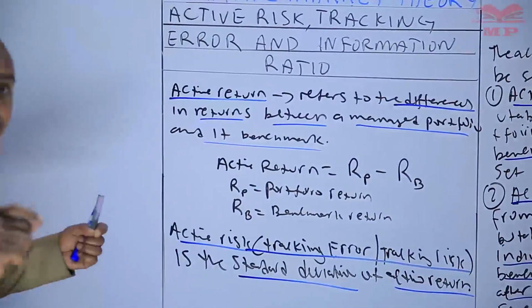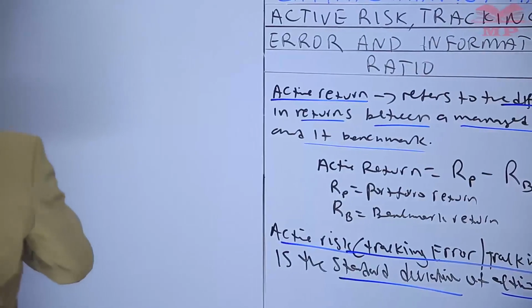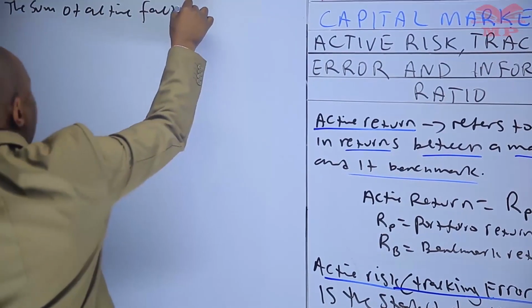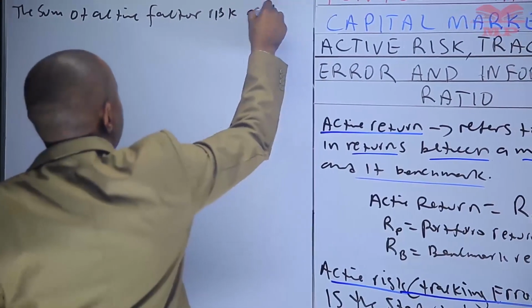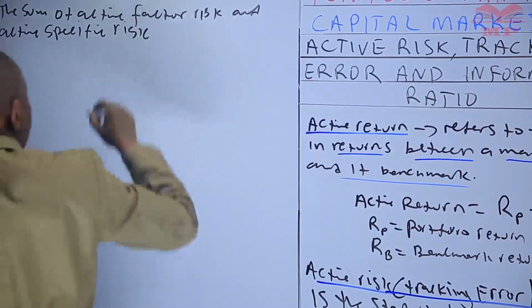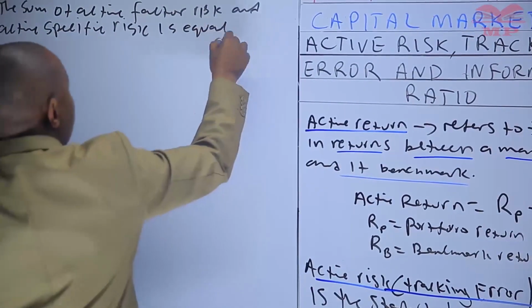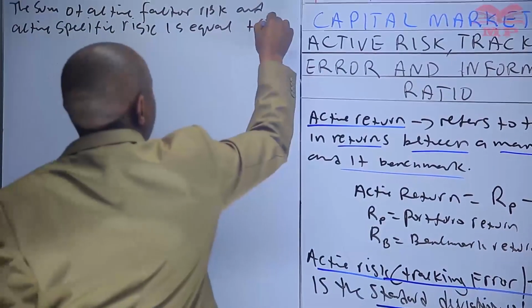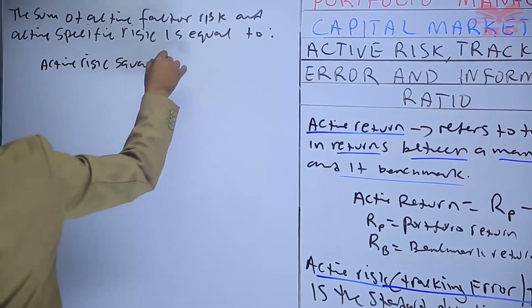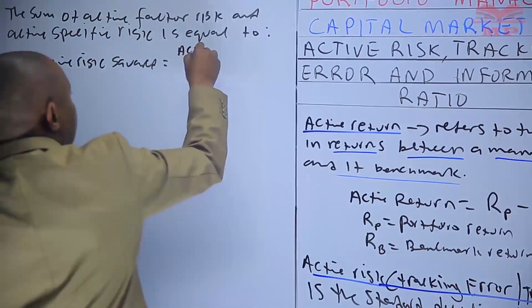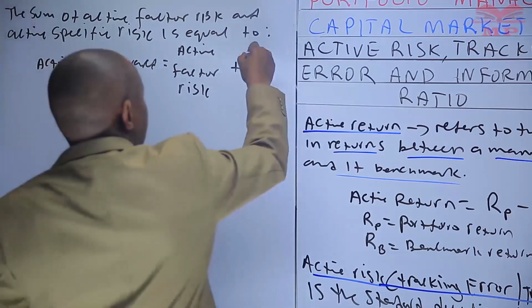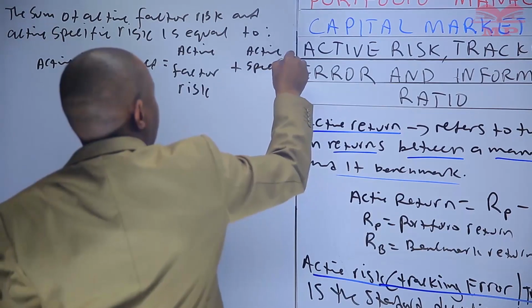The sum of active factor risk and active specific risk is equal to active risk squared: active factor risk plus active specific risk.